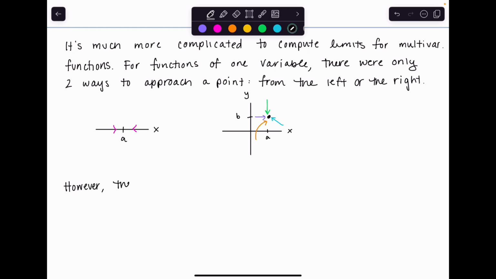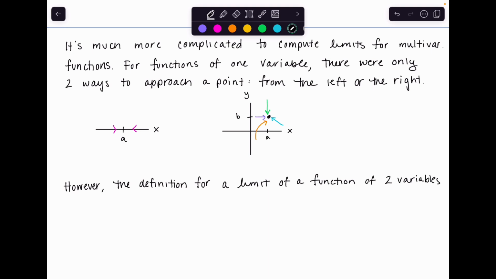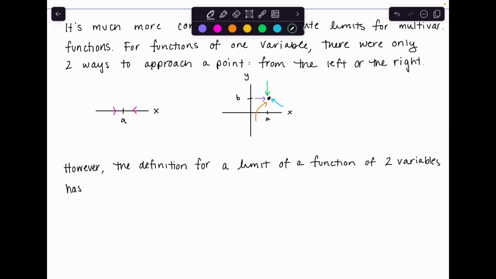However, for us, the definition for a limit of a function of two variables has no direction involved. This doesn't help us for showing a limit exists.